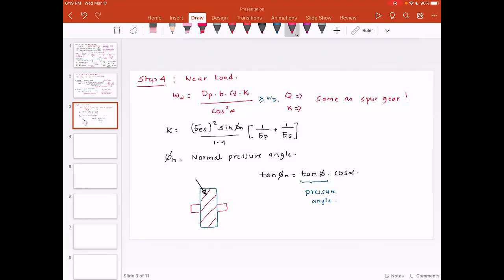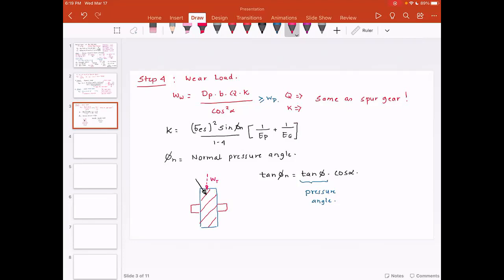However, if you look at the value of WT, WT is in this direction. And that means you will have to use the cosine relationship to find the actual forces in the normal plane.